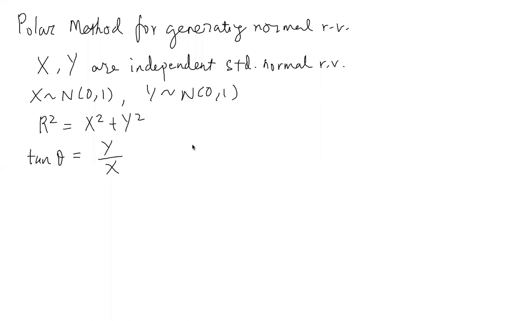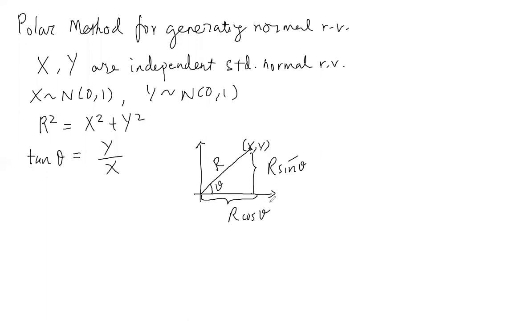So suppose you take the following transformation, right? Okay. So basically, you have a pair of coordinates here. So this would be your angle. This will be your length, right? So basically the height here is given by r sine theta, and the base here is given by r cos theta, okay?